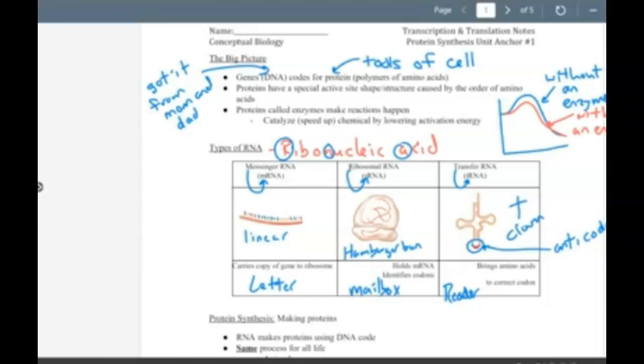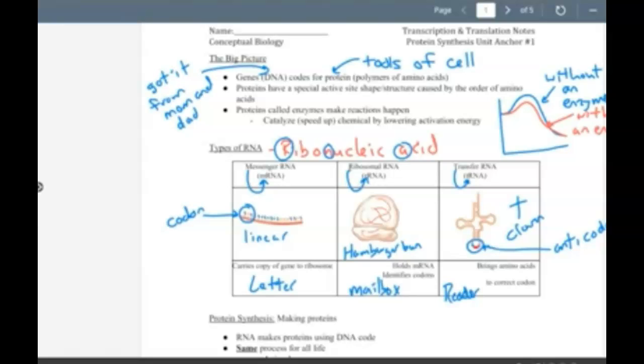In order to talk about that, we need to go back over here to messenger RNA and circle the first three nucleotides. The first three nucleotides on the messenger RNA are called a codon. So we have a codon on the messenger RNA, and we have an anti-codon on the tRNA.